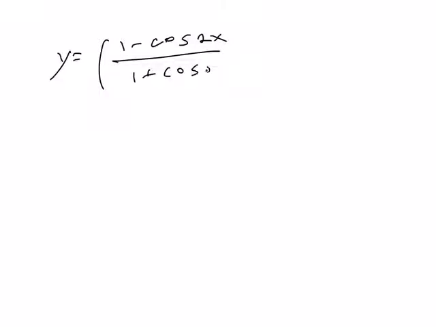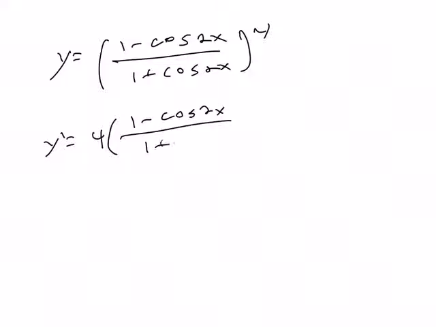So now problem 35, we have y is equal to 1 minus cosine 2x over 1 plus cosine 2x all to the 4th power. So y prime is going to give us 4. It's going to drop down 1 minus cosine 2x over 1 plus cosine 2x to the 3rd power.